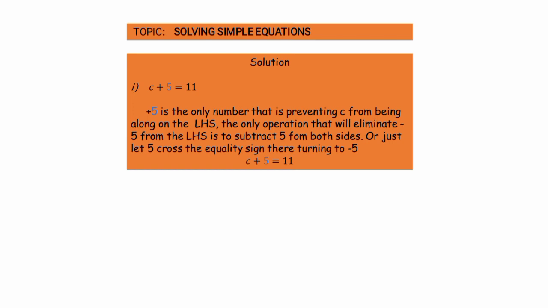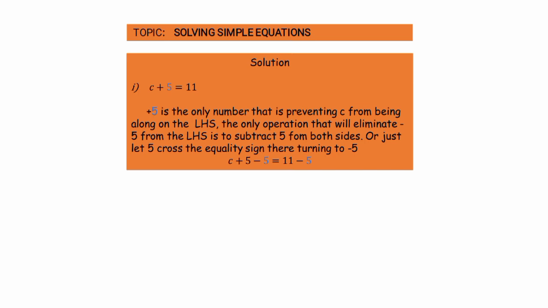Now, the only number that can make plus 5 disappear, or make it 0, is minus 5. Therefore, you subtract 5 from both sides, meaning you have c plus 5 minus 5 equals 11 minus 5. At the end, 5 minus 5 becomes 0 and 11 minus 5 becomes 6.